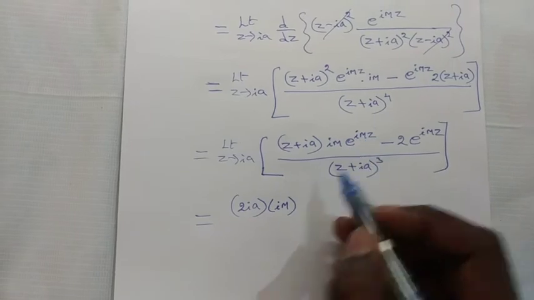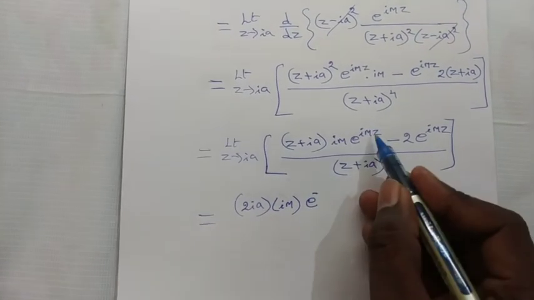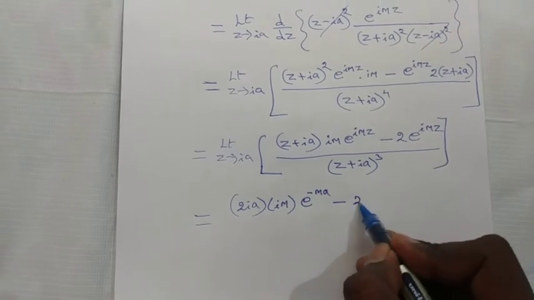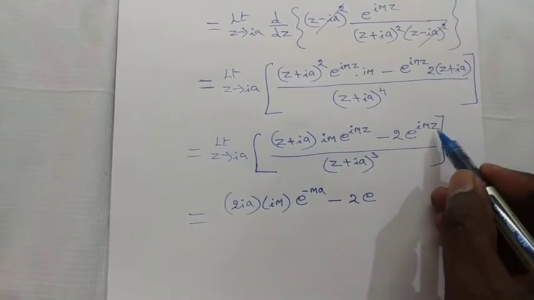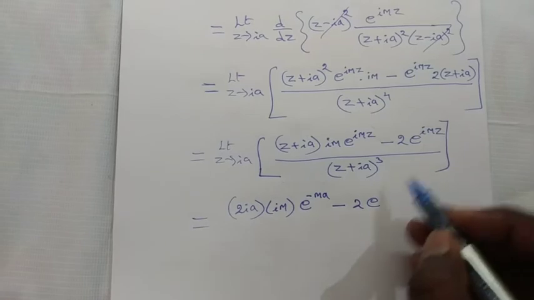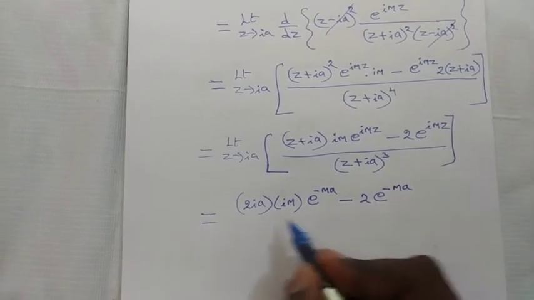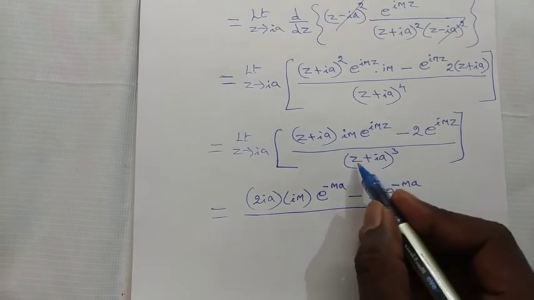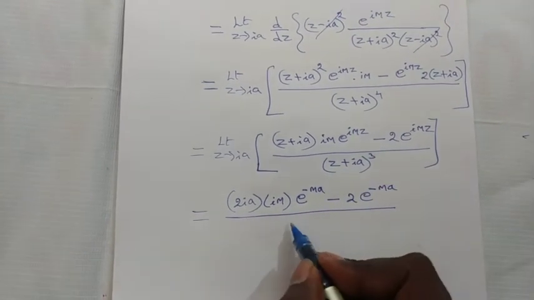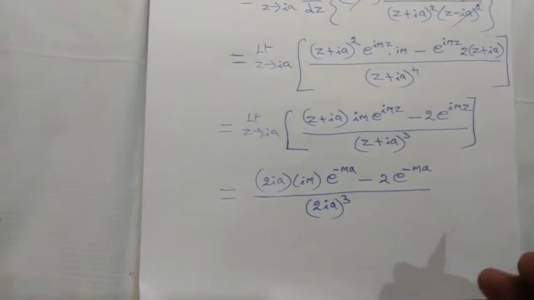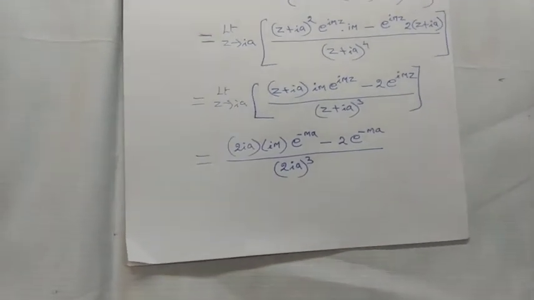So i into i square minus e power minus ma into m, ma minus 2 into e power, substitute ia for z, i into i square minus 1, and a into m, ma by substitute ia plus ia, 2ia, so 2ia the whole cube.